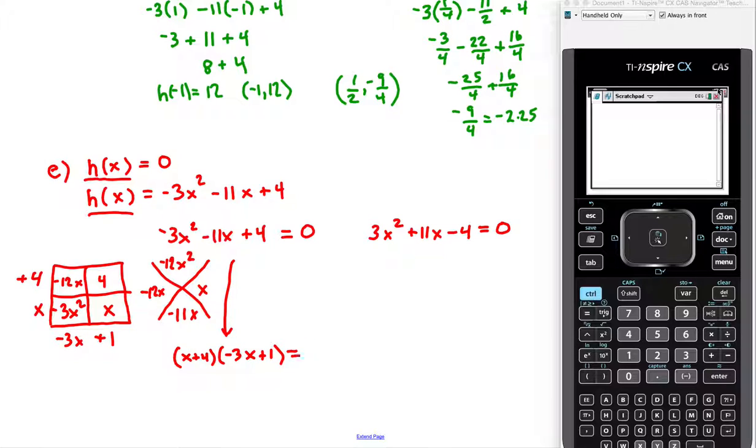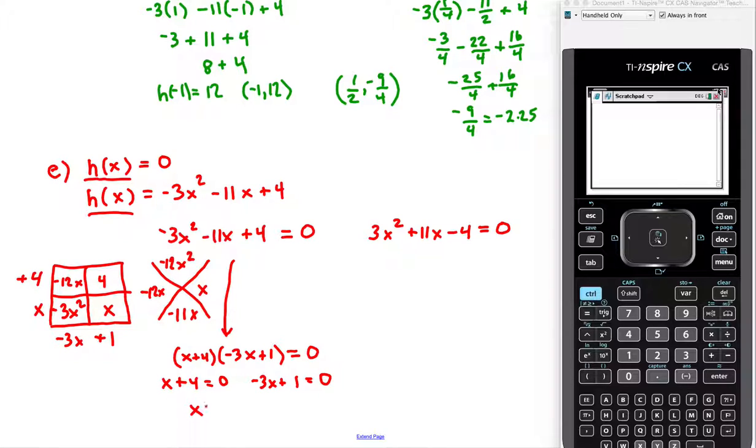It's still part of this equation, and it drives me crazy when people just lose track of the fact that it equals 0. If you're showing your work, I probably should have moved this somewhere else, but just keep your equation balanced and just keep moving along with it. Now we can split this into x plus 4 equals 0, and negative 3x plus 1 equals 0.